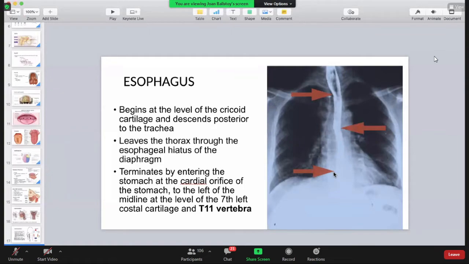So four things happen to have a physiologic sphincter. One, the acute angle entry of the stomach. Two, the positive intra-abdominal pressure. Three, the folds of the mucosa. And lastly, the right crus of the diaphragm. Okay? So I hope that is clear.